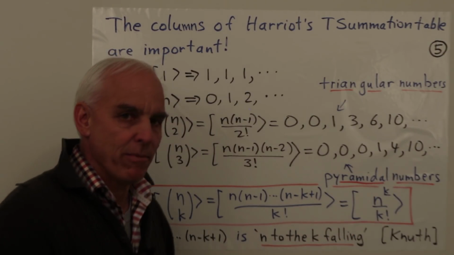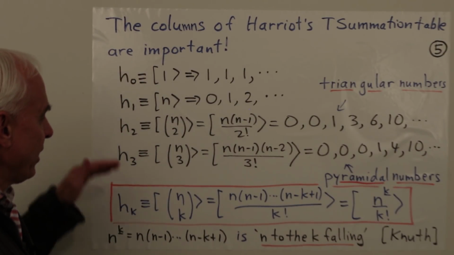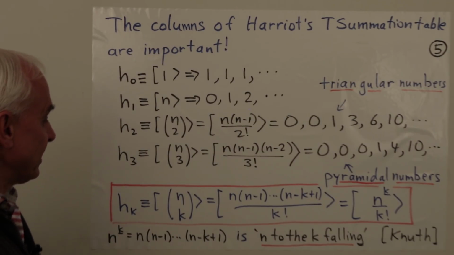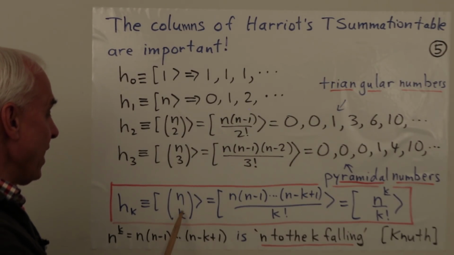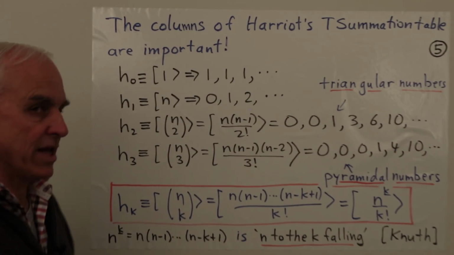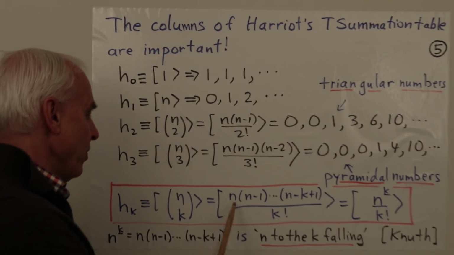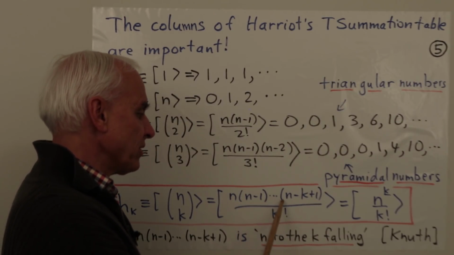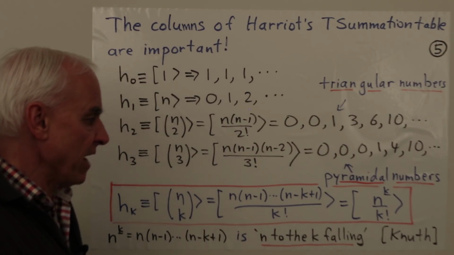These are the pyramidal numbers. And it goes on, and the kth one, more generally, is the sequence whose nth term is n choose k, where n choose k, I remind you, is n times n minus 1, product all the way down to n minus k plus 1, over k factorial.